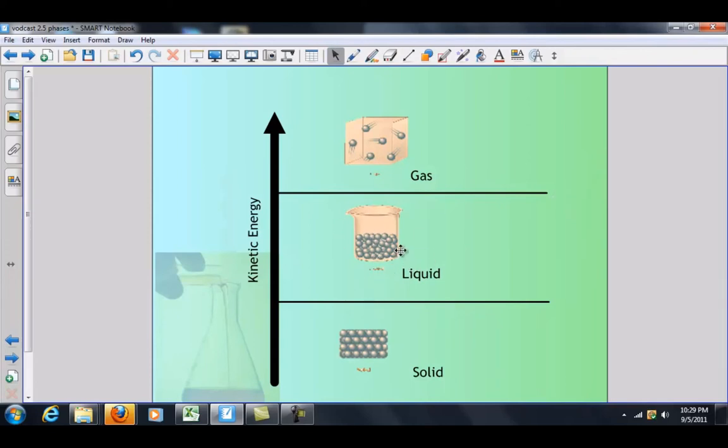And as we keep increasing kinetic energy by way of increasing temperature, we will go into this gaseous phase. And once again, notice how the particles are moving at a rapid speed and they're not as tightly held together with one another. So if we are increasing kinetic energy, we are also increasing our temperature.